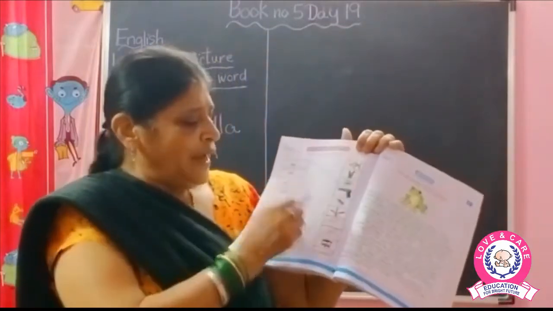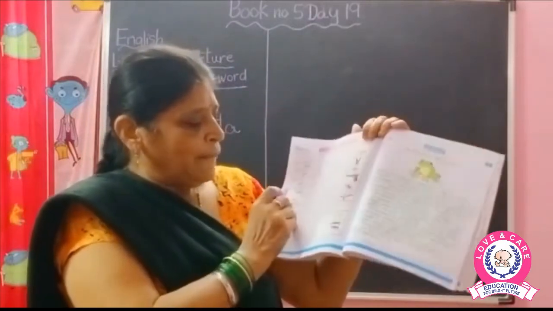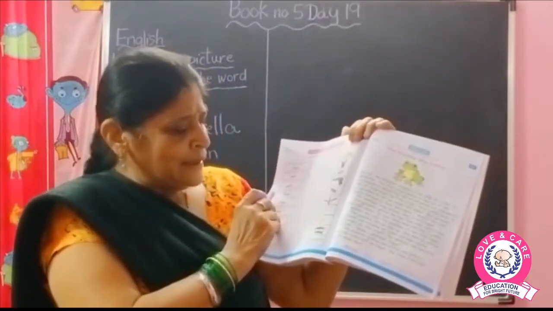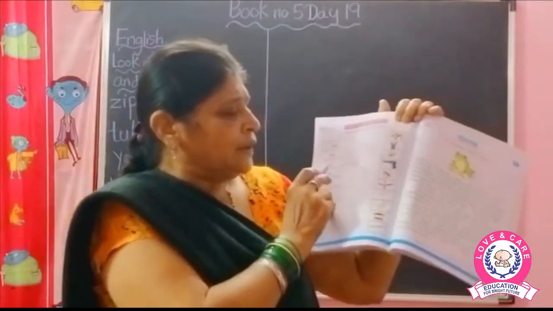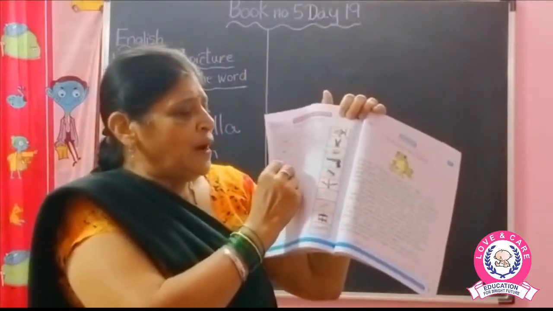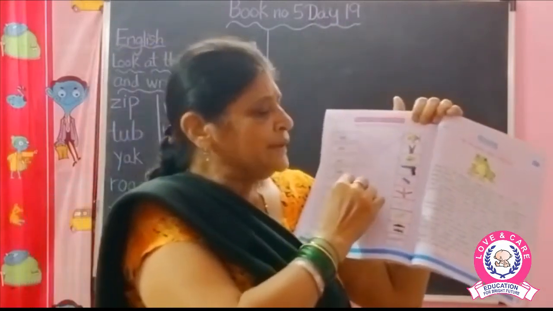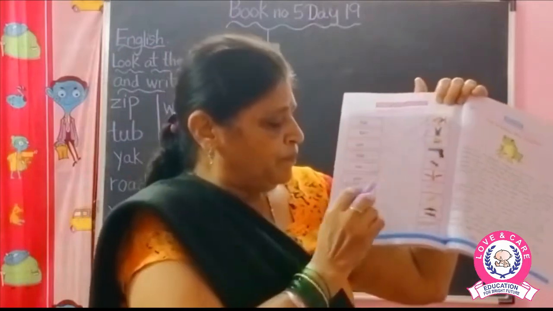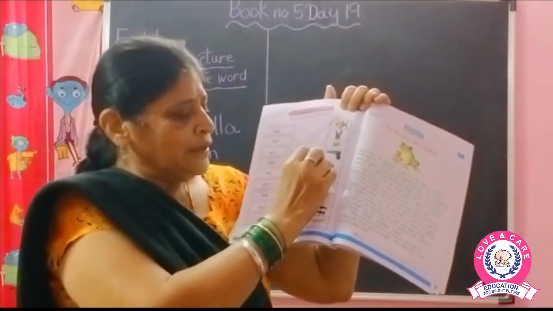Fan. F-A-N, fan. The picture of a fan is here. So you have to match it to the fan. Ant. Where is ant? See here. A-N-T, ant. Fish. F-I-S-H, fish. Zip. Z-I-P, zip. Gun. Where is gun? Here. G-U-N, gun.